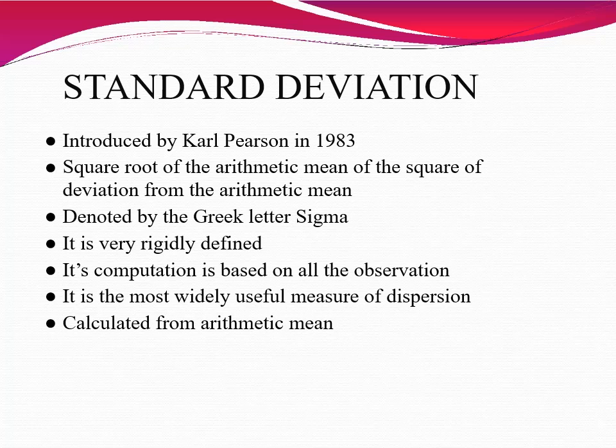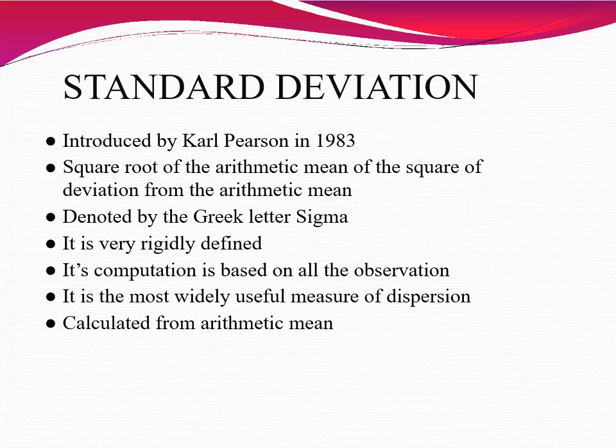Standard deviation is the root of the sum of the squares of the deviations divided by the number of observations. It is also called mean error deviation, mean square error deviation, or root mean square deviation. It is the second moment of dispersion. Since the sum of the squares of the deviations from the mean is minimum, the deviations are taken only from the mean, but not from the median or mode.